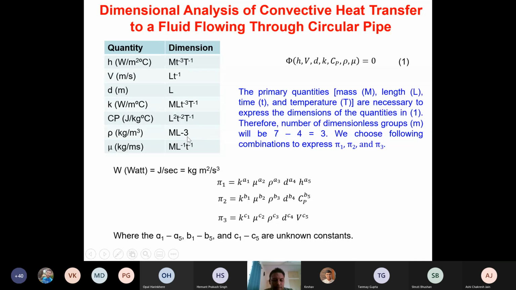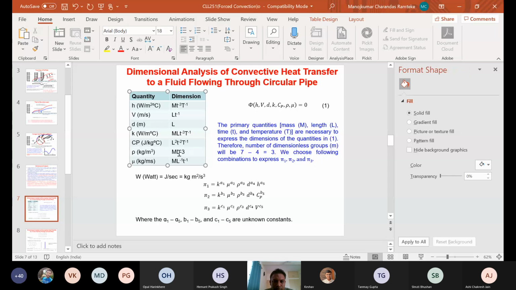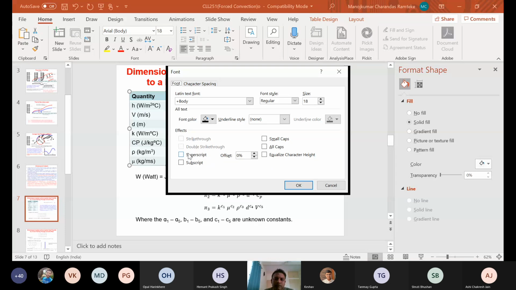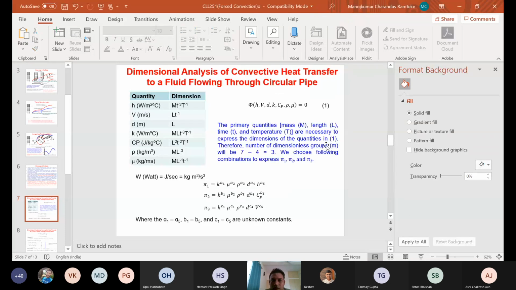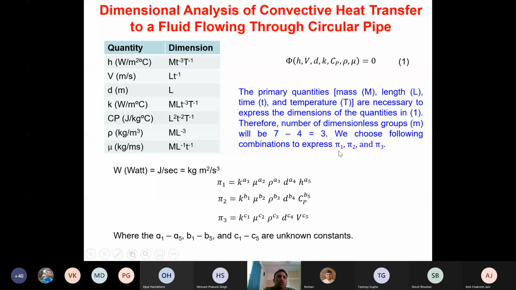Rho and mu are also given in terms of dimensions.